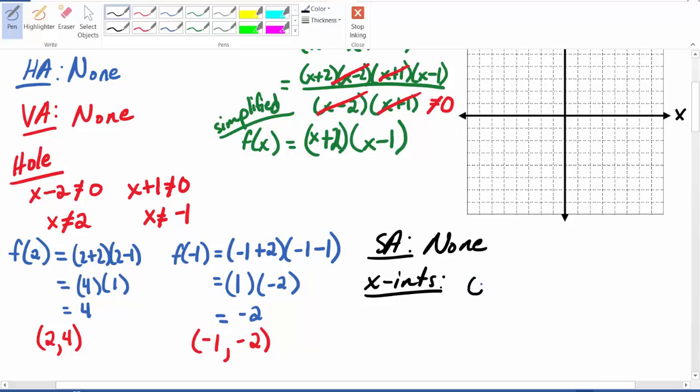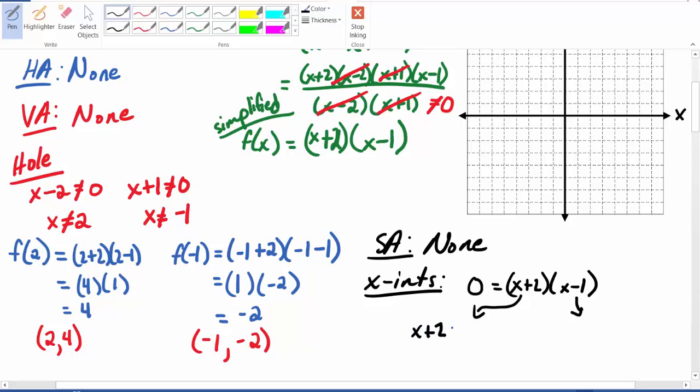On the left side, our f of x, or y value, every single time is 0, is equal to our simplified version of this function. So x plus 2 times x minus 1. And from here we know that we can go ahead and use that zero product property, breaking each item up and setting each one equal to 0.